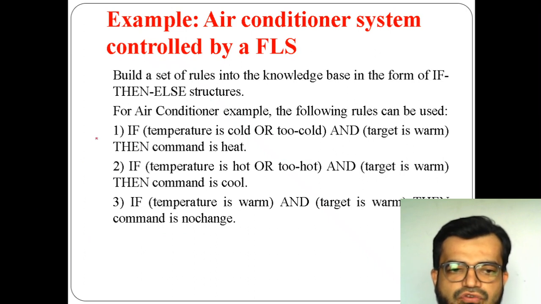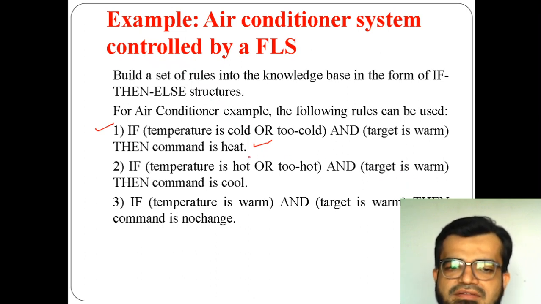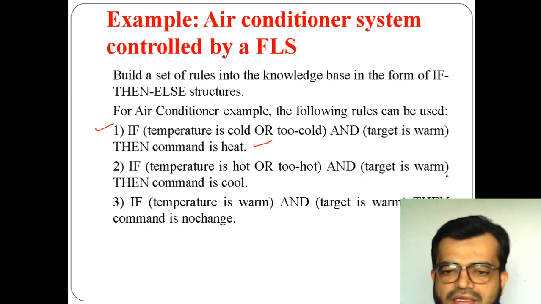First rule, if you observe, if the temperature is cold or too cold, and the target is warm, then you need to increase the temperature because the target is warm. So the command is heat. And if the temperature is hot or too hot and the target is, it should be cool, not warm.